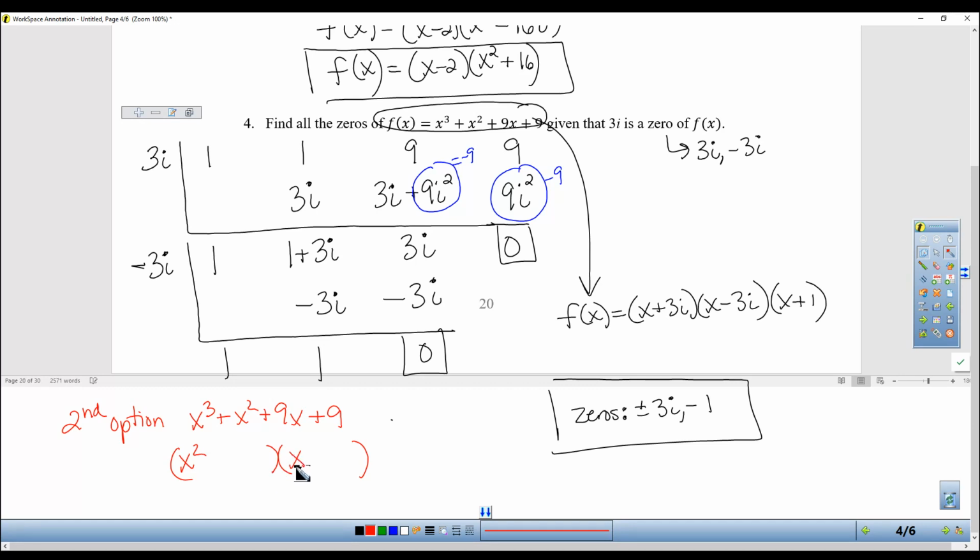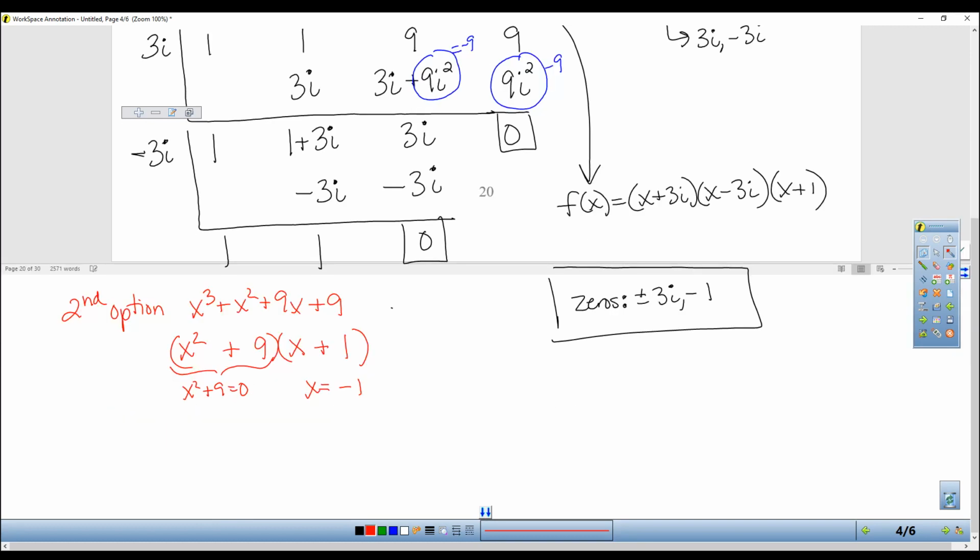And then the inners, I have a 9x, so there must be a 9 across from the x. And then 9 times what makes 9 for the last times the last. And then that gives me my outers. And then you would have seen that the last zero was negative 1. And this is what produced x squared plus 9 is equal to 0. That's where that plus or minus 3i came from.